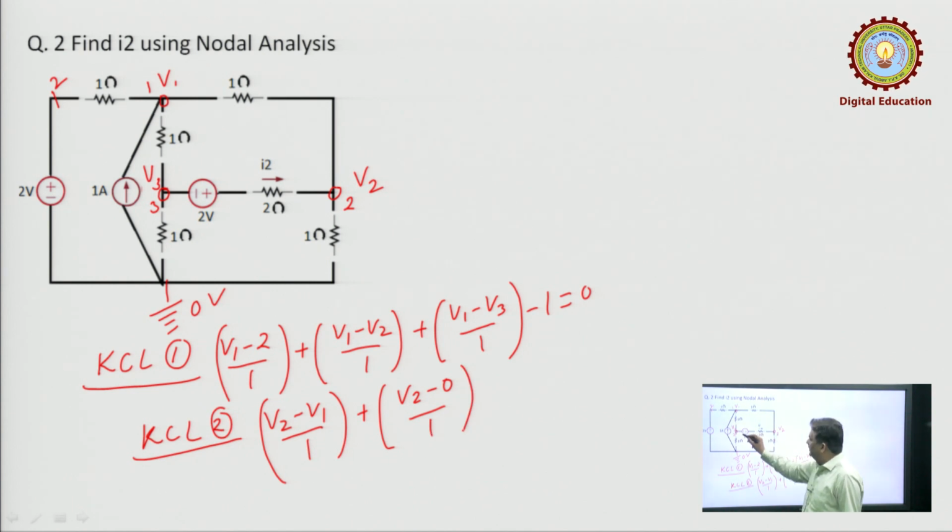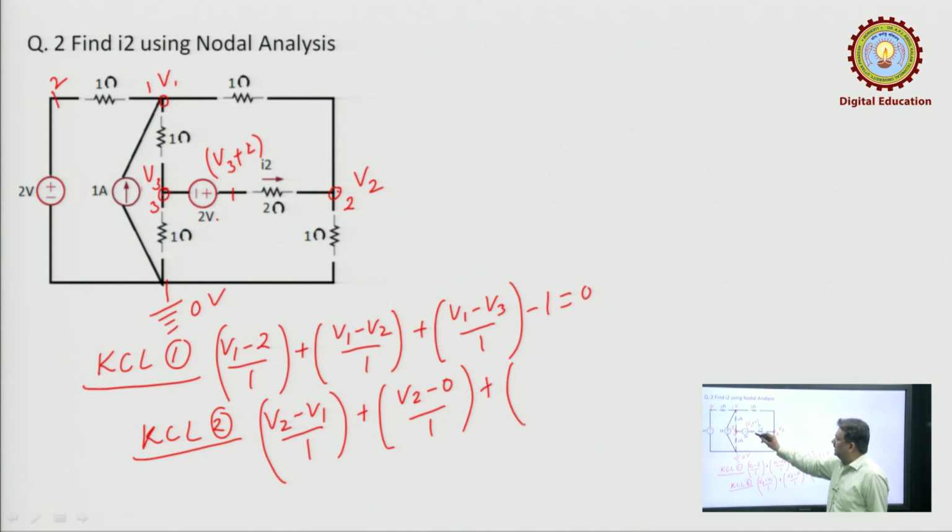Now, what will be current in this branch? We are writing KCL at node 2. So, these are the two ends of the resistor. Voltage of this end is known, V2. What will be voltage at this end? It is derived from this point. So, V3, and we are moving minus to plus. So, plus. So, V3 plus 2 volt voltage source is there. So, voltage of this point is V3 plus 2. So, now you can write current in this branch while writing KCL at node 2.